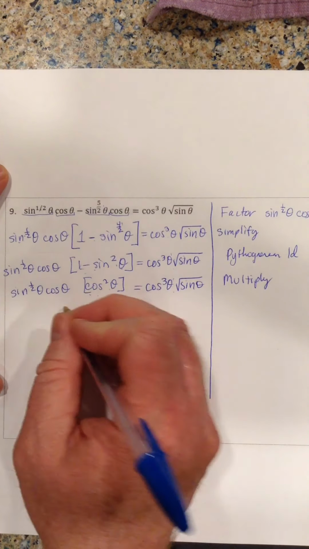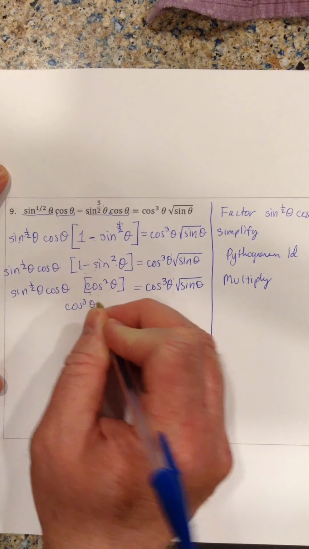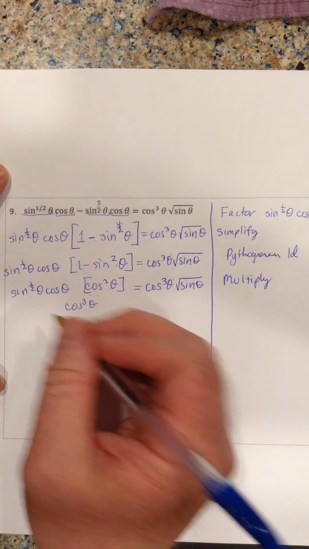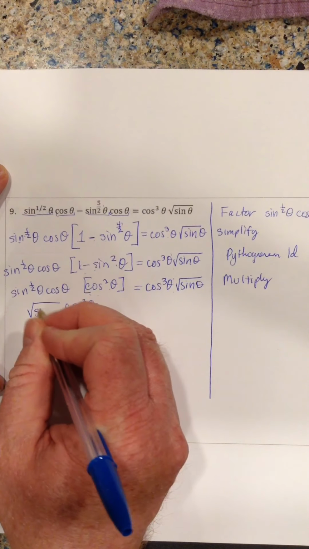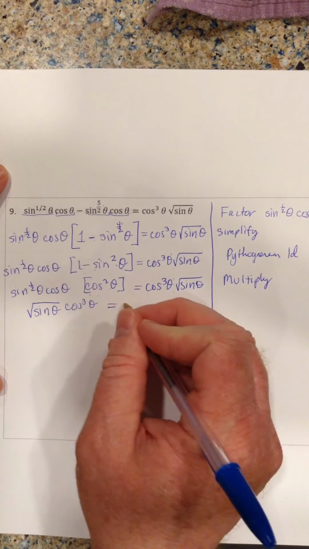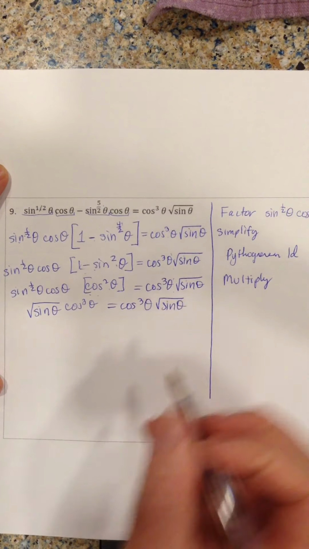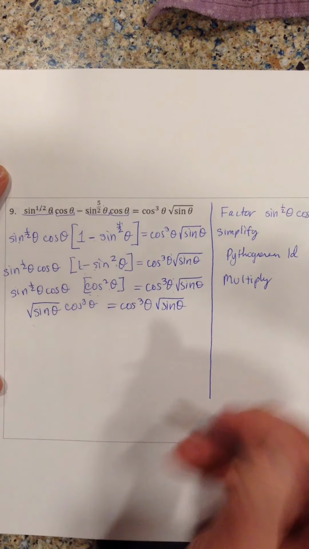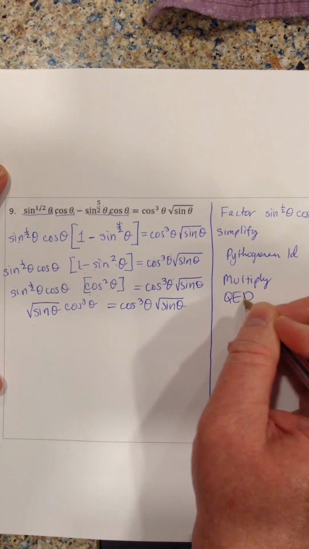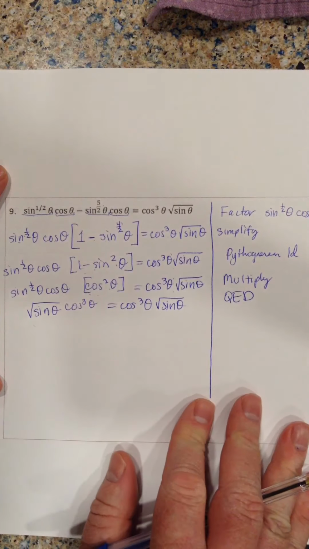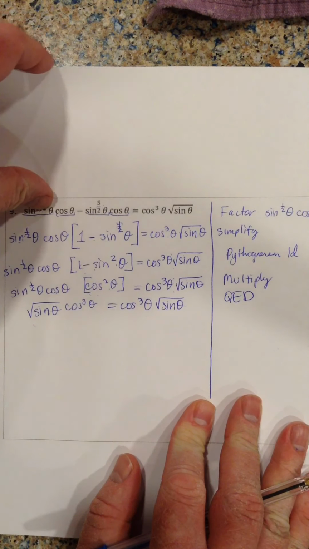So that'll be cosine times cosine squared is cosine cubed of theta. And sine of the 1/2 is really just square root of sine of theta, equals cosine cubed of theta, square root of sine theta. And oh wow, do you see? We have the same thing. We're done. Sometimes you just have to keep plugging along and you realize that you've got it.